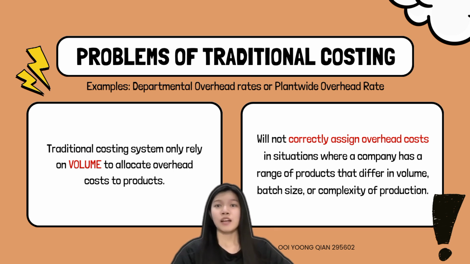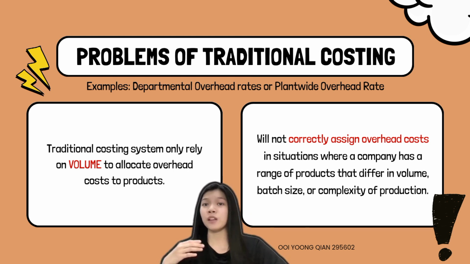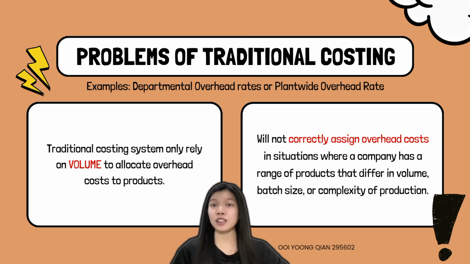For example, it only relies on volume to allocate overhead costs to the product, and thus it will not correctly assign the overhead costs in situations where the company has a range of products that differ in volume, size, or complexity of production.